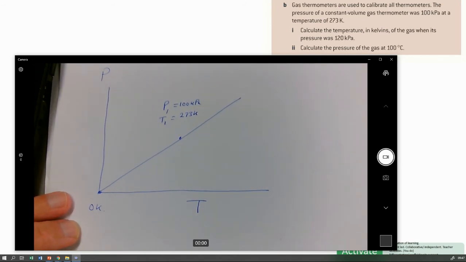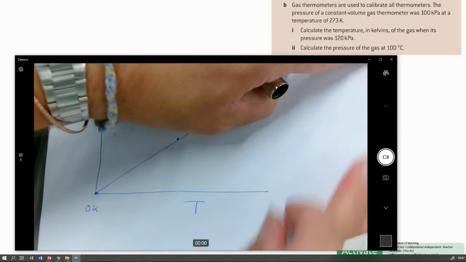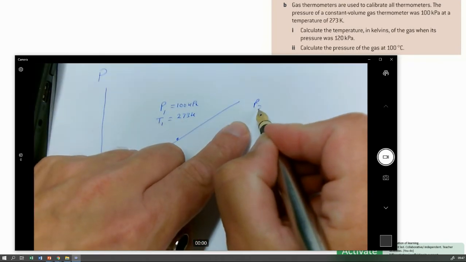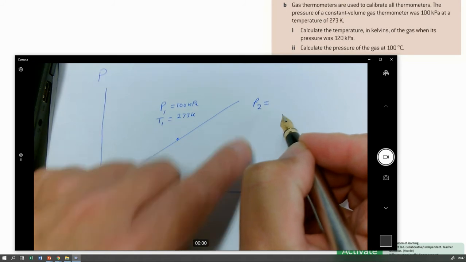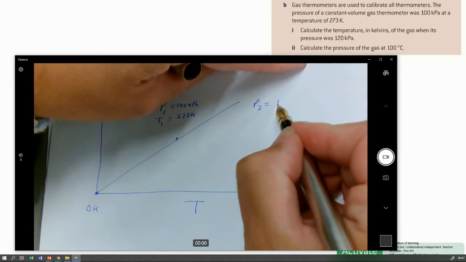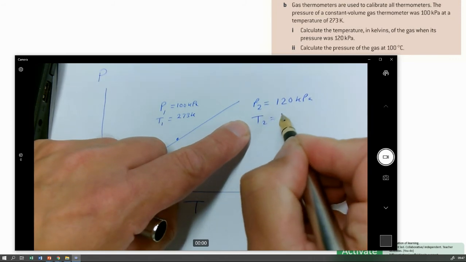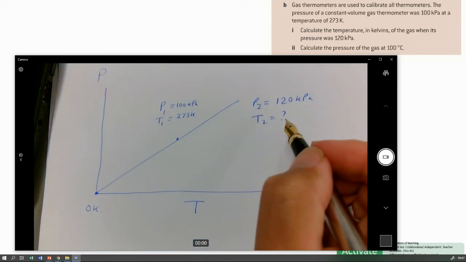It goes on to question 1. It says calculate the temperature when the gas pressure is 120 kilopascals. Let's call that P2, 120 kilopascals, and they're asking us to find that temperature because we don't know it. Very simple.